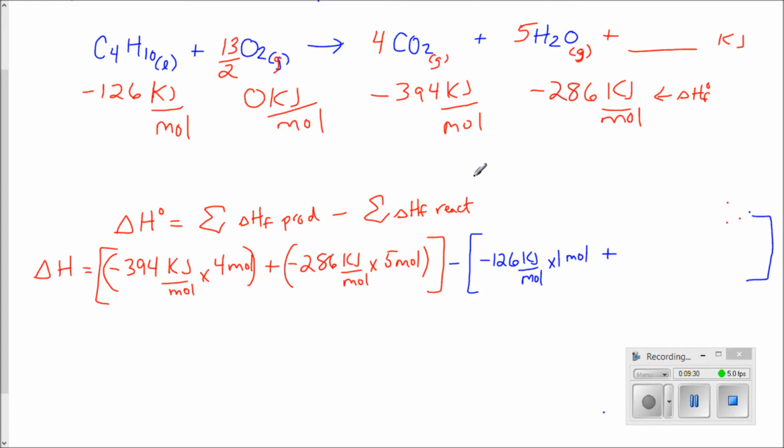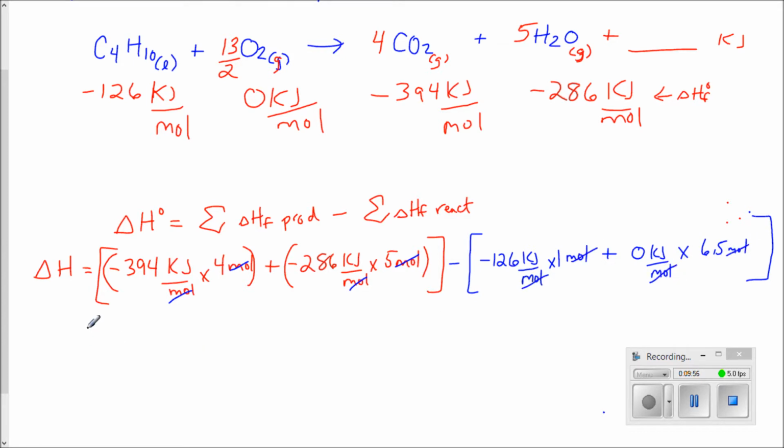But hey, look guys, it's already in its elemental form. It has a heat of formation of 0. So that is not going to do anything at all to our equation. So we can multiply that by 6.5, but again, that's irrelevant. Now take a look at how all my moles will cancel out in every single one of these, so that when we do our algebra, our answer is going to be in what? That's right, it's going to be in kilojoules.